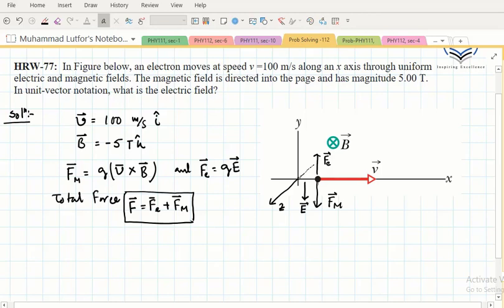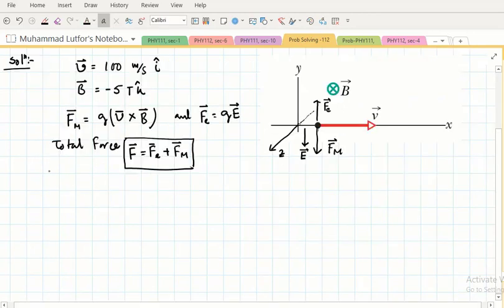Since it's an electron, the force must be opposite to the electric field. So the electrostatic force will be upward, and these two forces will cancel out. In that case, the electron will move at a constant speed.